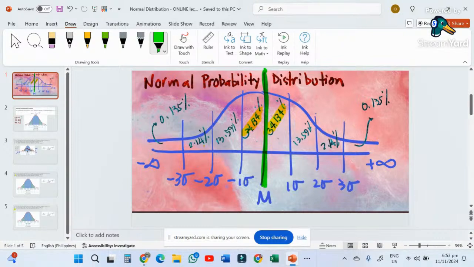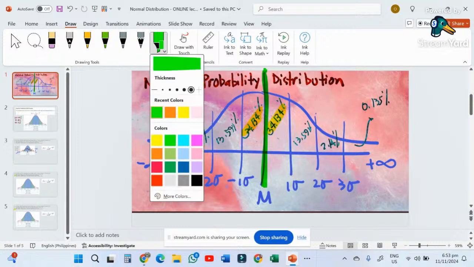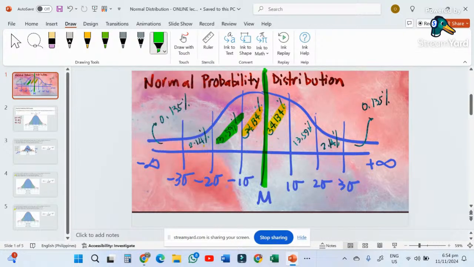There. So at the middle line, you have 34.134 on the other side and on this side, on the left side. And then if we continue, we have 13.591 between 1 sigma and 2 sigma, and its negative equivalent. And you have 2.14 here and a 2.14 there.